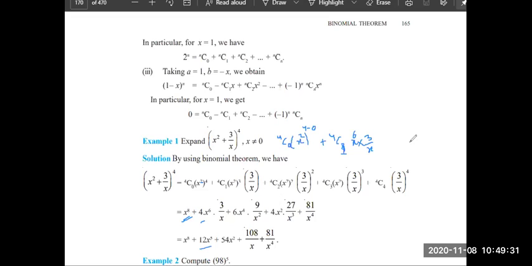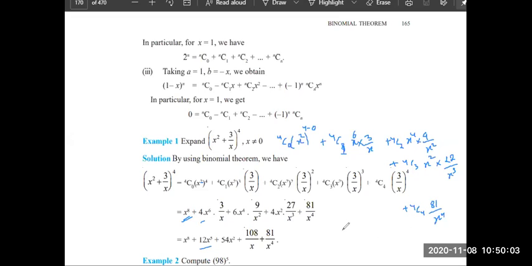Plus 4c2, x squared to the power 2, which is 4 into 9 by x square. Plus 4c3, x squared to the power 1, x square into 27 by x cube, plus 4c4, the power is 0, and this is 81 by x to the power 4.